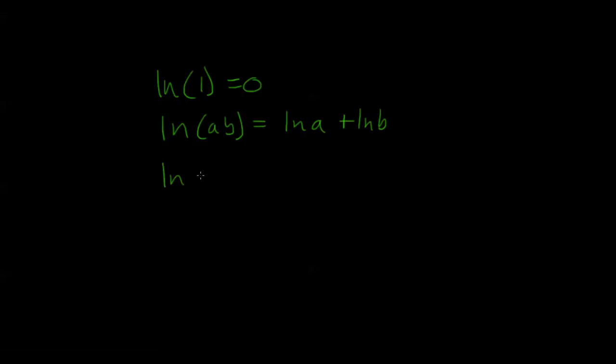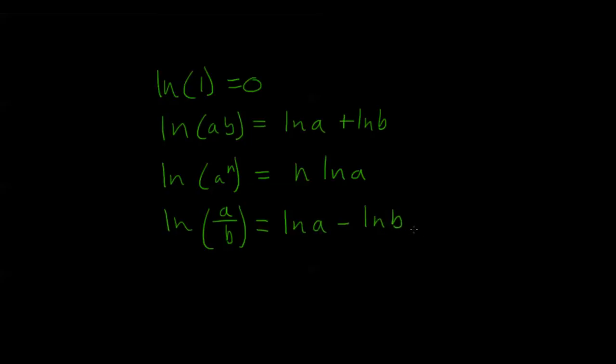The natural log of a to the n is equal to n times the natural log of a. And finally, the natural log of a divided by b is equal to the natural log of a minus the natural log of b. That should just be a review from pre-calculus. You can find out how these are derived elsewhere, but just keep them in mind as we go through these problems.